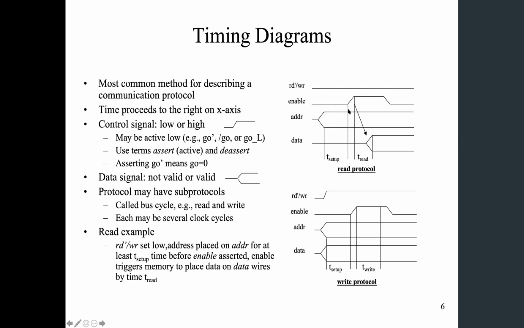And the reason we indicate the signal as valid by using these two lines is that for, let's say, a 12-bit address, some bits are 0, some bits are 1. So it would be impossible to really write down a value here. But with these two lines in parallel, we know that you expect the values on the address bus to become valid.